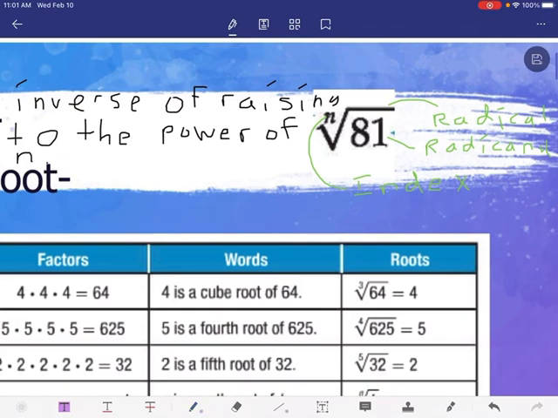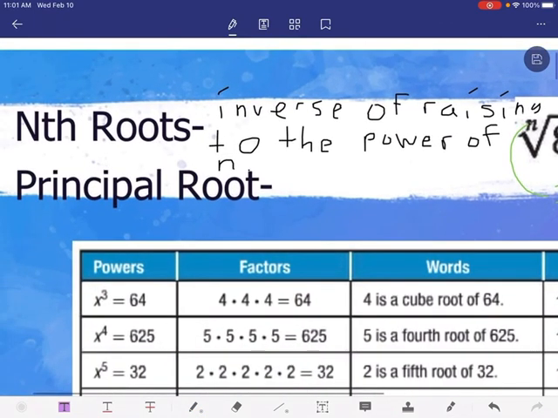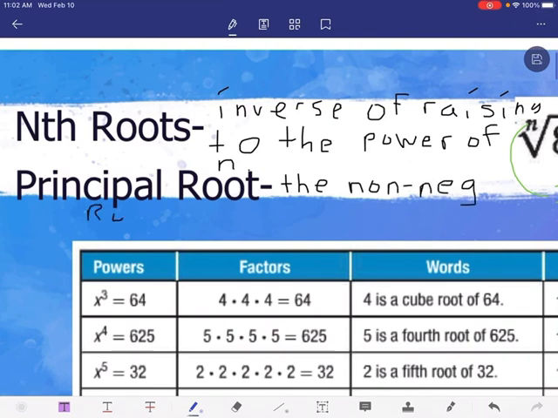Whenever we're looking for a principal root, this is the non-negative root when an index is even.